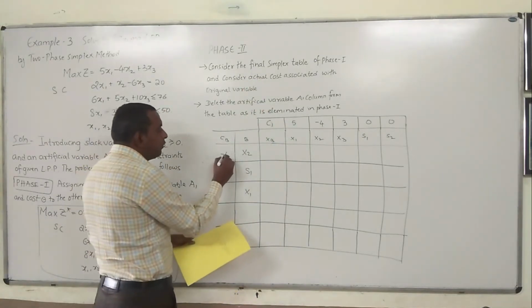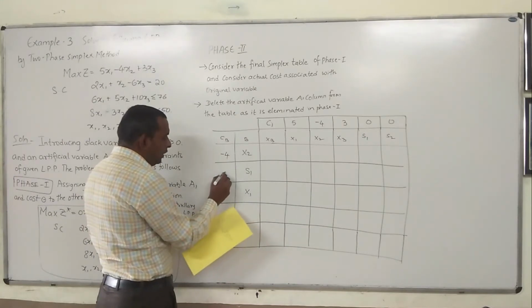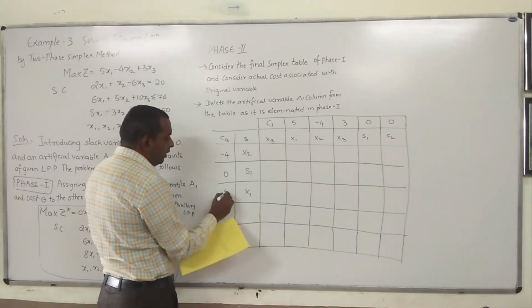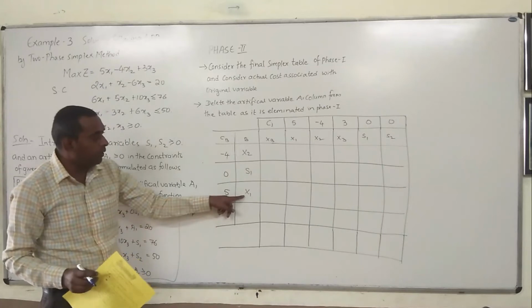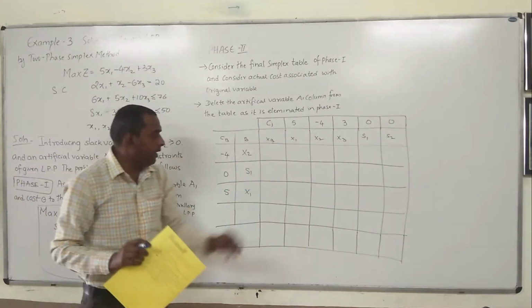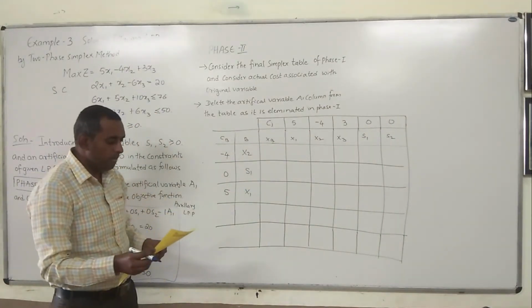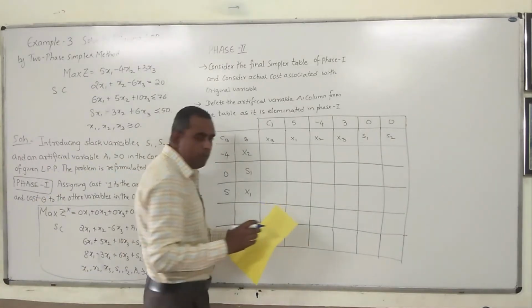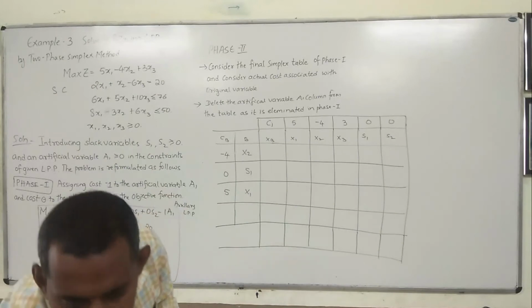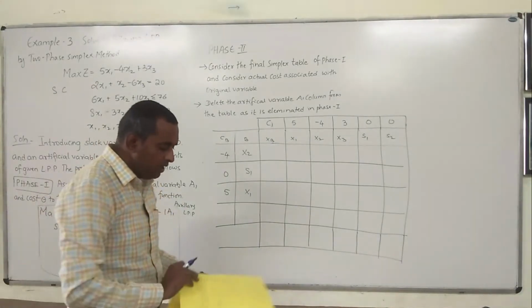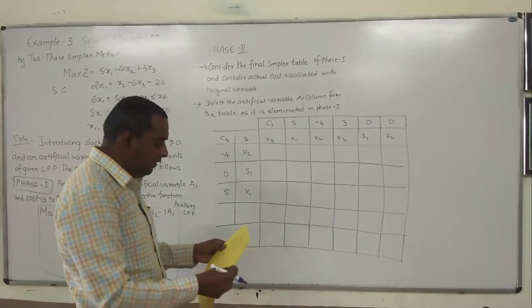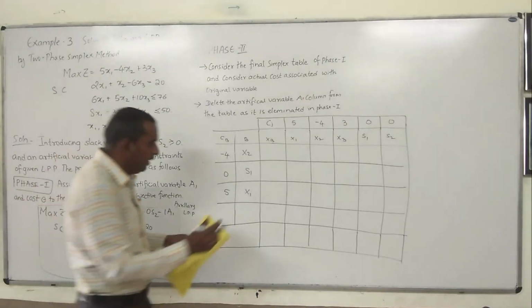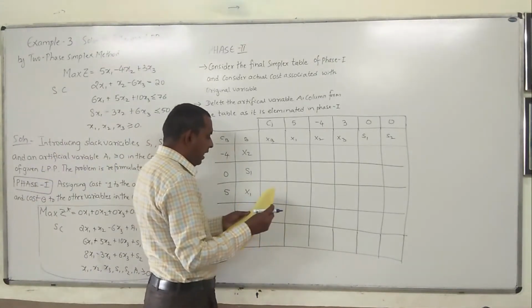So x2 is minus 4 coefficient, x1 is 0, whereas x1 coefficient is 5. Fine. And xb is how much? xb is 30 by 7.